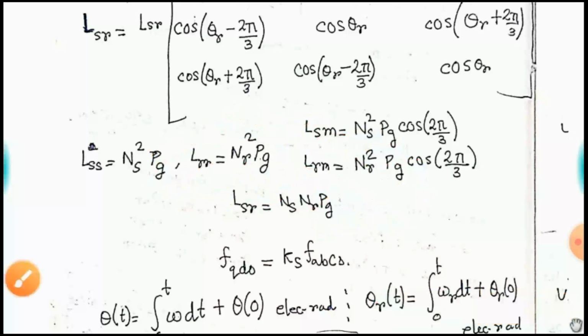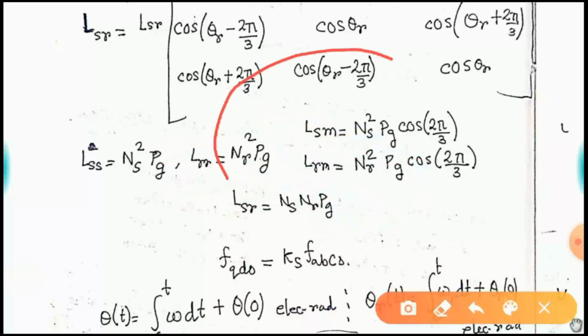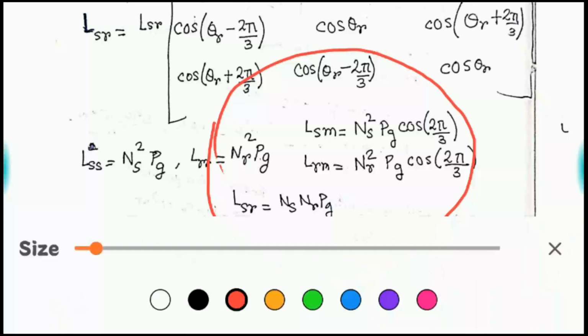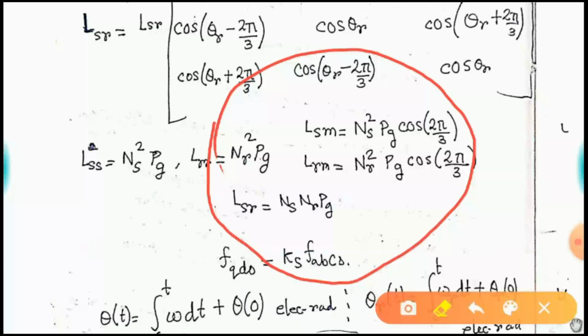Similarly, when we have a kind of structure like this, then we are having another structure.